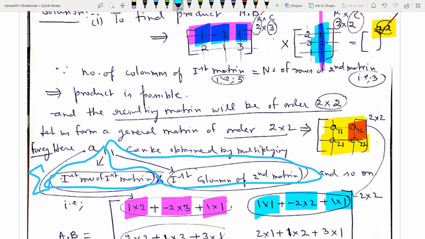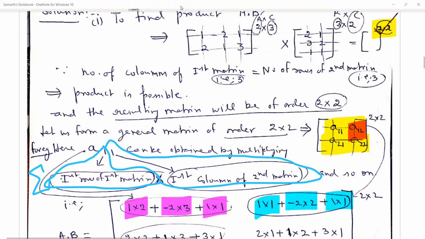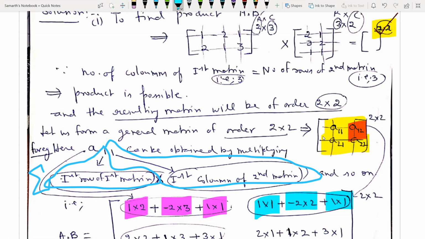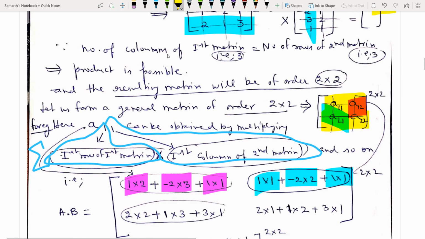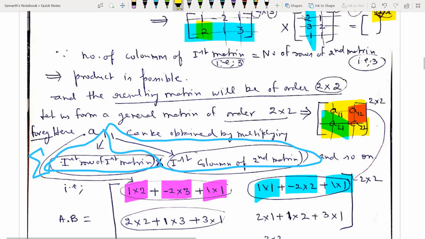And in a similar manner, to find the third element A21, we multiply the second row of the first matrix by the first column of the second matrix. So we get 2 into 2 plus 1 into 3 plus 3 into 1.